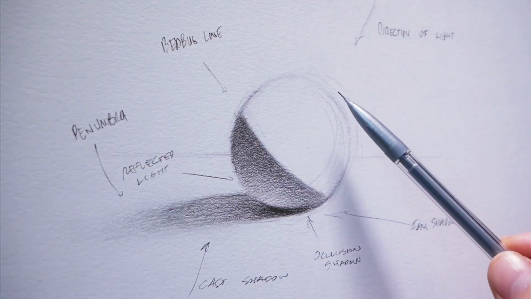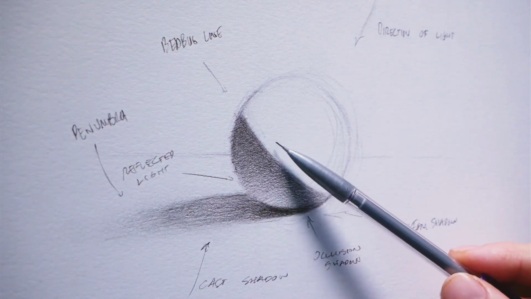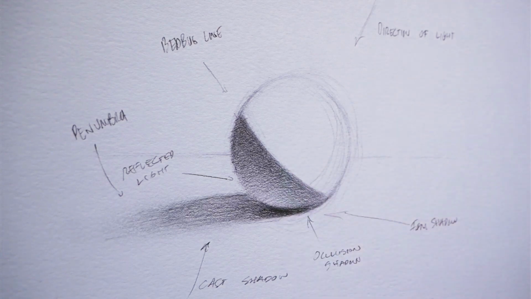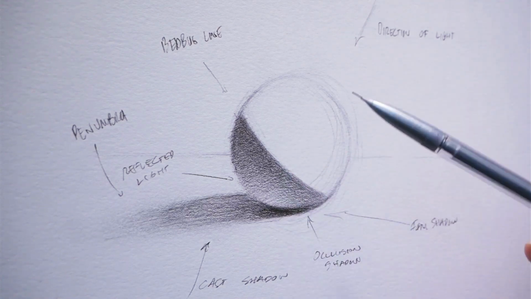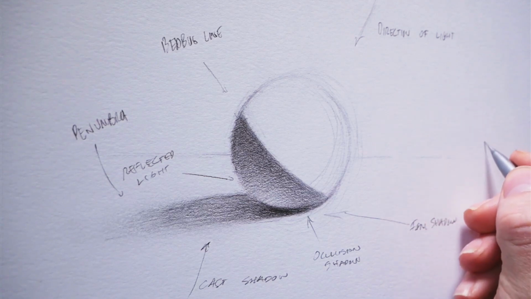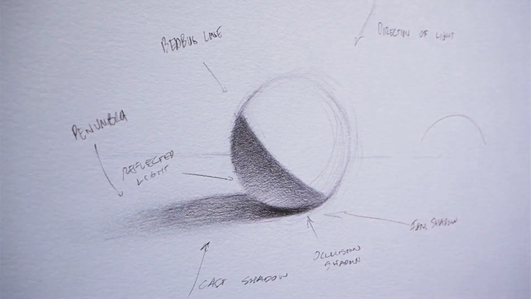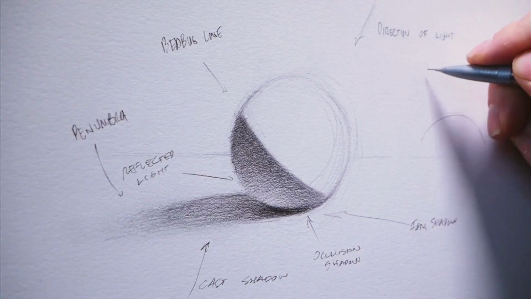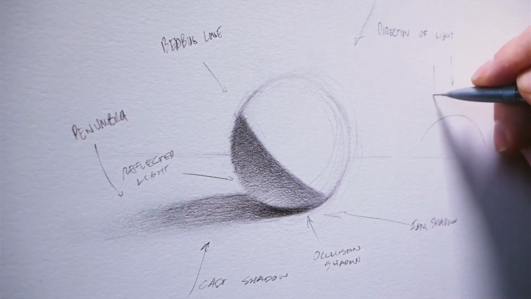Generally, you get more of a fast drop-off, so the tones get darker quite quickly right near the shadow edge, and not so much as you get closer to the light source. That's because if you imagine the sphere surface there, and all our light rays are coming down.